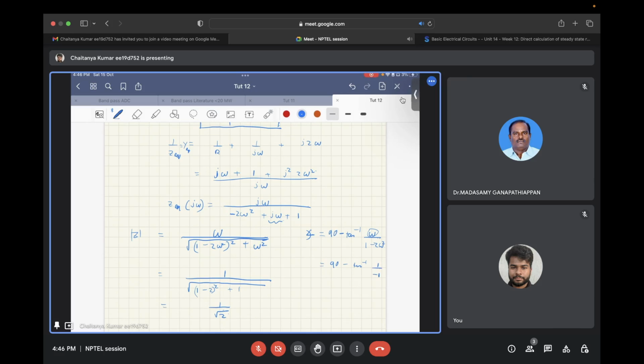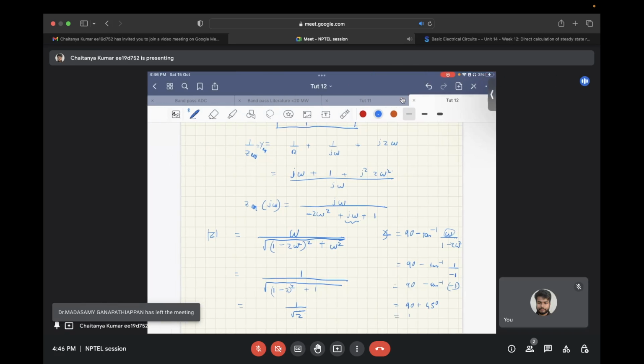So 90 minus tan inverse of minus 1. So tan inverse of minus 1 is minus 45 degrees. So it's 90 plus 45 degrees, that is equal to 135 degrees.